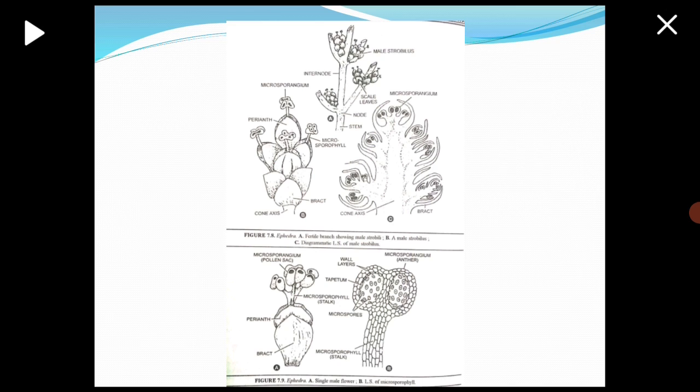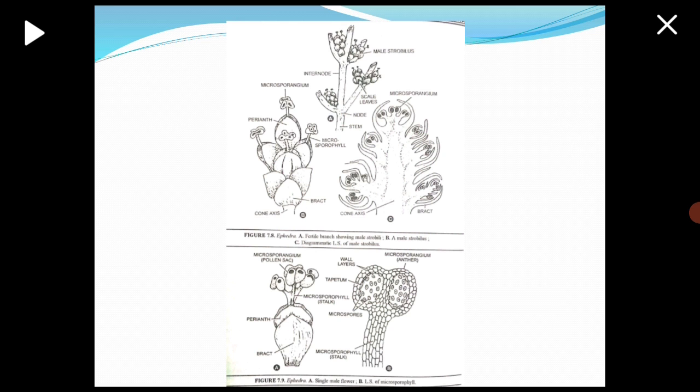The bracts are fused below to form cup-like cupules. The bracts of the female strobilus may be winged, dry, or fleshy and brightly colored. The lower pairs of bracts are sterile, whereas the upper two bracts are fertile. Each female bract bears a short-stalked female flower in its axil.